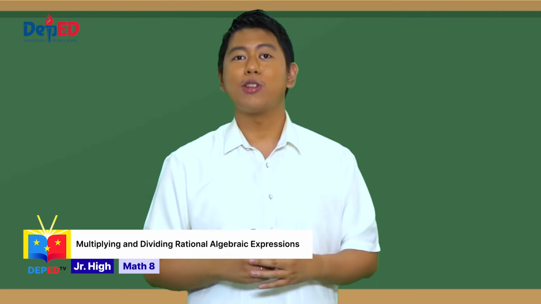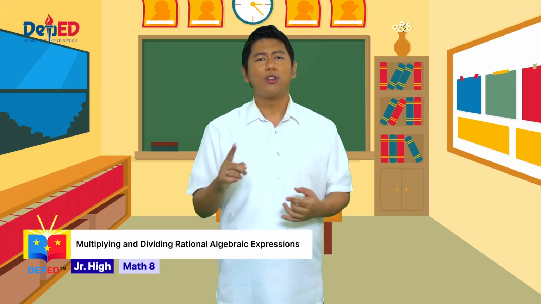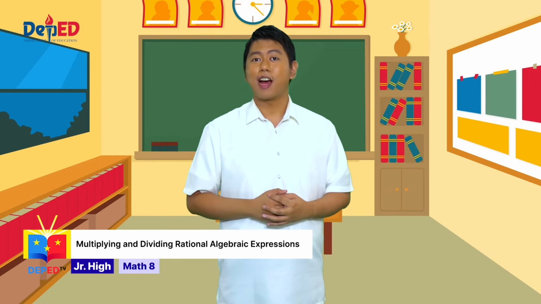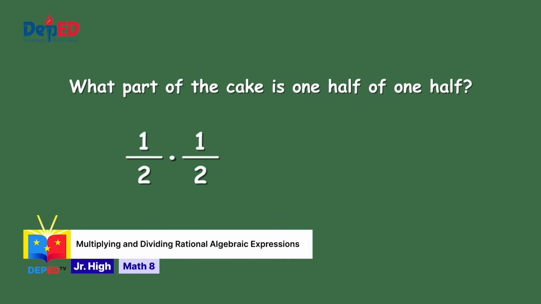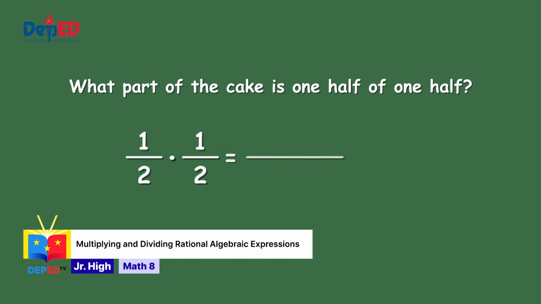We can also show this mathematically by multiplying 1/2 times 1/2. Do you still remember how to multiply fractions? We multiply the numerator of the first fraction to the numerator of the second. 1 times 1, which is equal to 1.